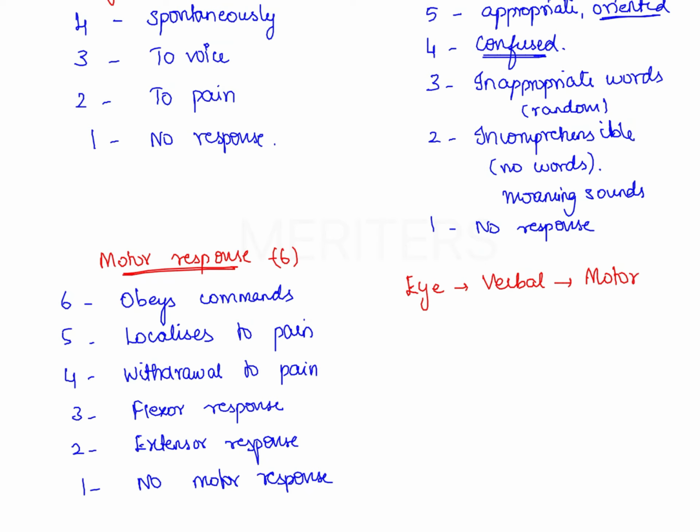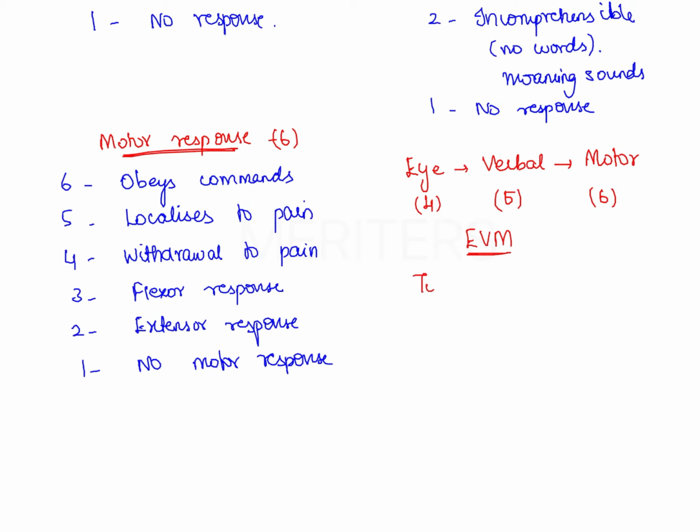To remember it in an easy way, eye response takes 4 different scores, verbal 5 scores, and motor includes 6 different scores. Therefore, 4, 5, 6, eye, verbal and motor response, EVM, is assessed. The maximum score that a person can score is 6 plus 5 plus 4, which is 15.